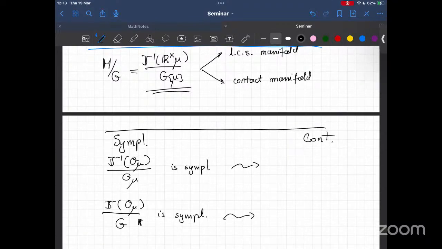This is related with this approach and the Marco Zambon approach. In the Zambon approach, when you take this last quotient in the last slide by Bartosz, the quotient of the preimage of the coadjoint orbit with the full Lie group, then you can obtain the two types of reduced space, contact and locally conformal symplectic structure.